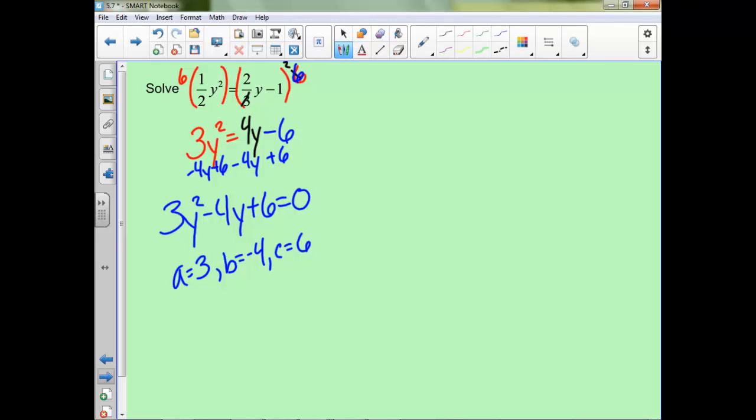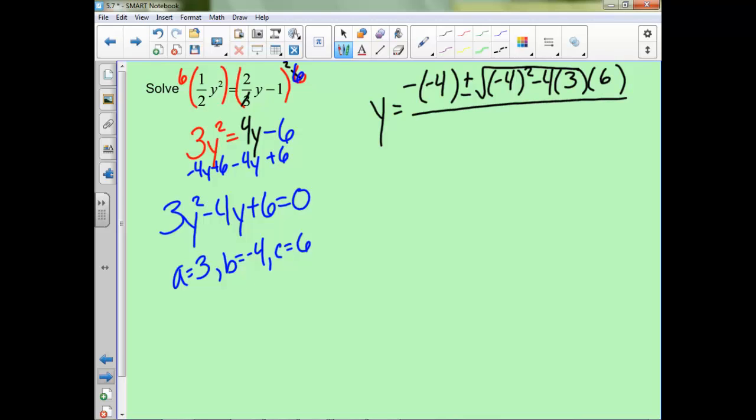Using our quadratic formula, negative b, so -4, plus or minus square root b squared, -4 again, minus 4ac, a is 3, c is 6, all over 2a, which is 3.